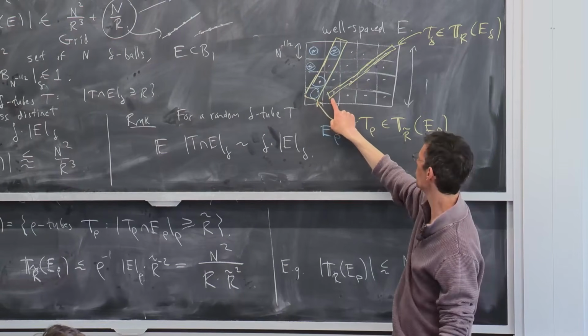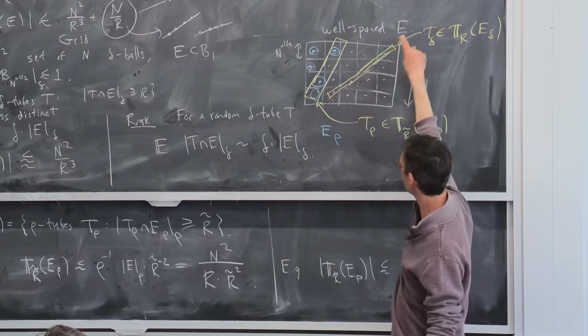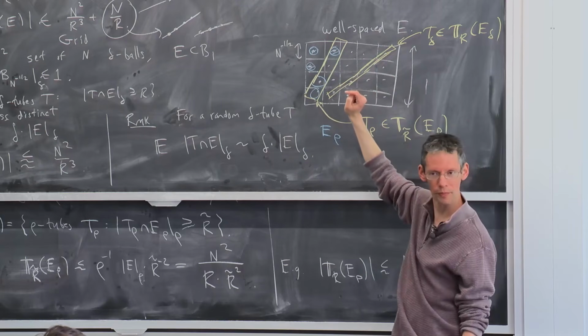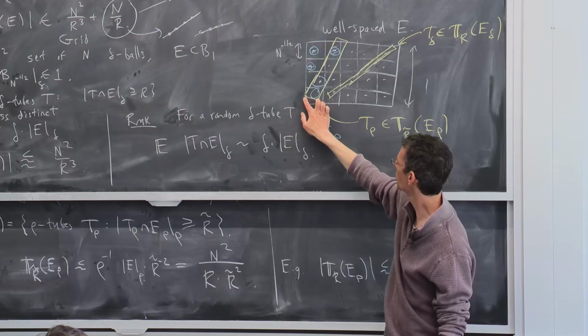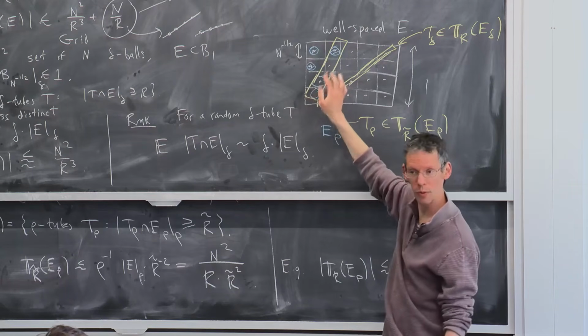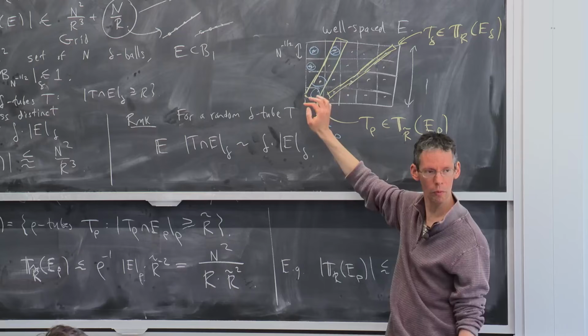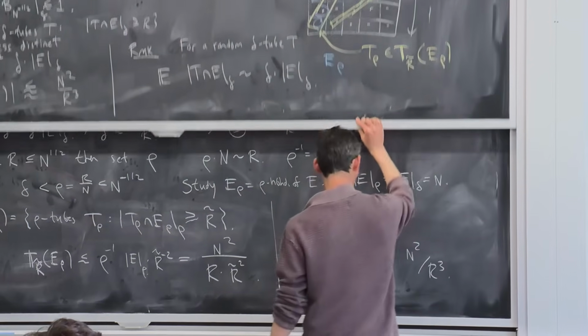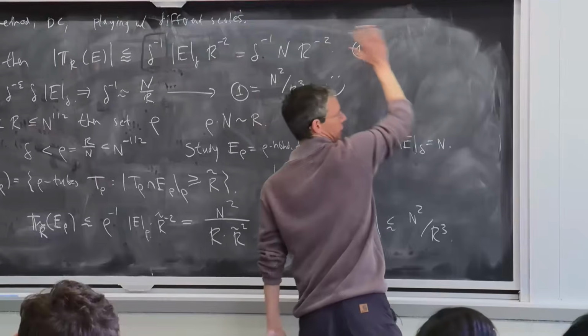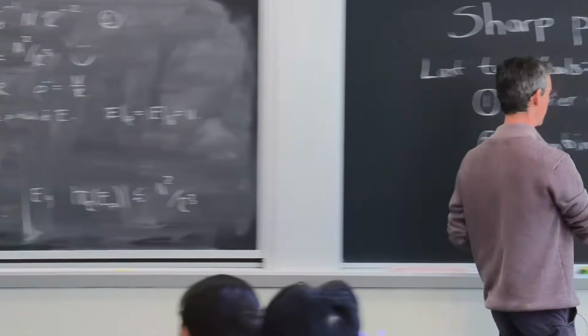Now, every thin tube with R balls, if you thicken it, you get a thick tube with at least R balls. But inside of a thick tube with R balls, there may be many thin tubes with R balls, and we've only counted them once. So we still have an issue. Not super difficult, but it's important to recognize it.